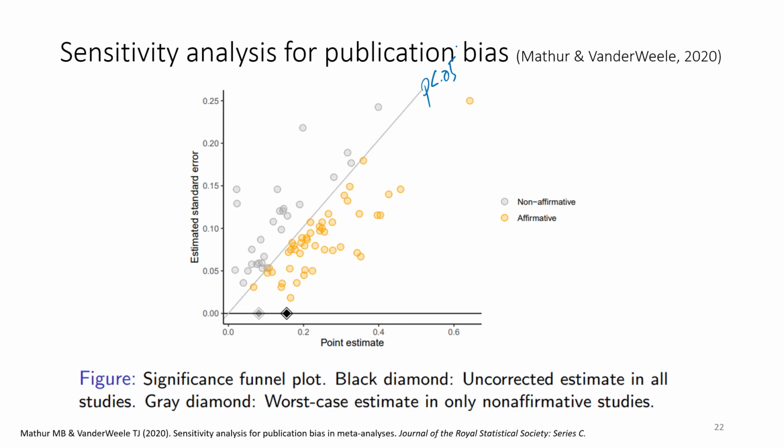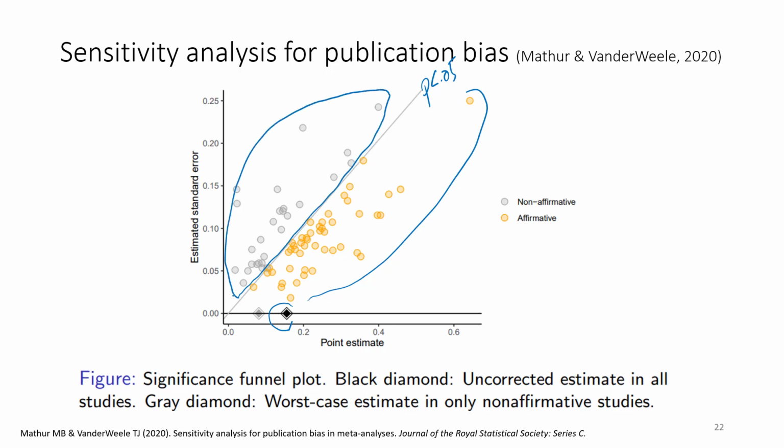And so the overall estimate is right here, this diamond. I'll get lines going around it. There it is. And so that's the overall effect. The ones that are statistically significant are shaded this beige color, right? And so now what you do is you look at the ones that didn't get the effect.